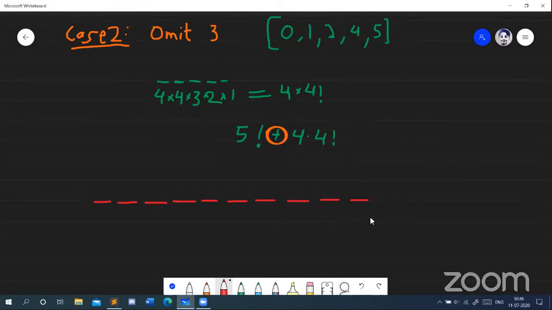One way to do that is to not invoke any principles we used and just say that every number from 0 to 9999999999 will correspond to one unique phone number, which is correct, and that will give us 9999999999 plus 1, because the plus 1 is from the case where all digits are 0, right?